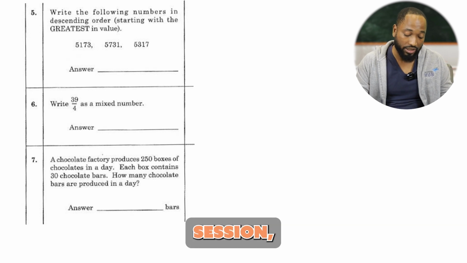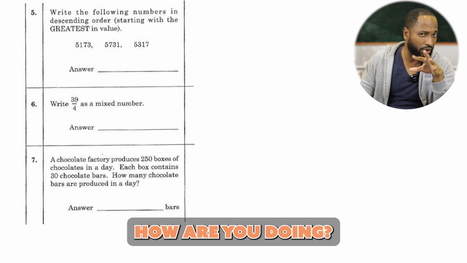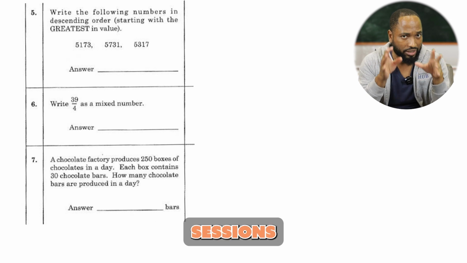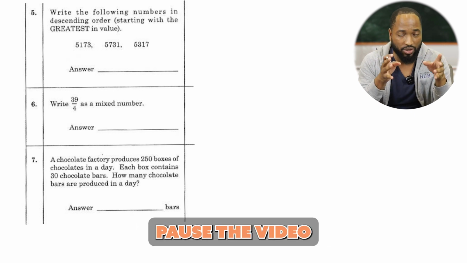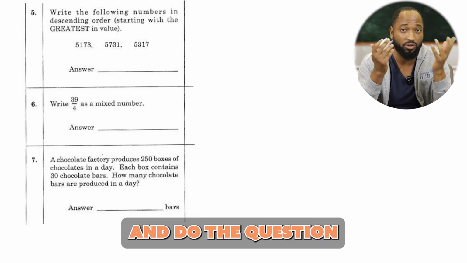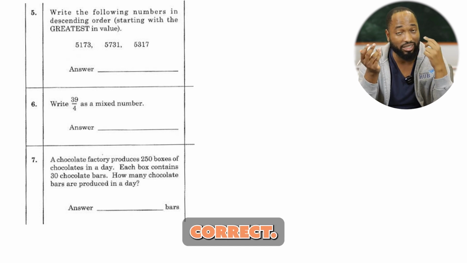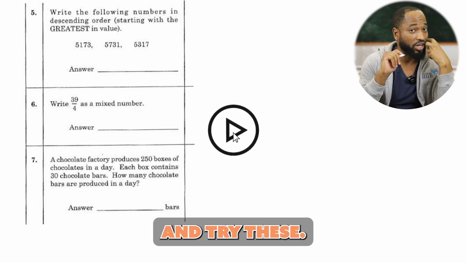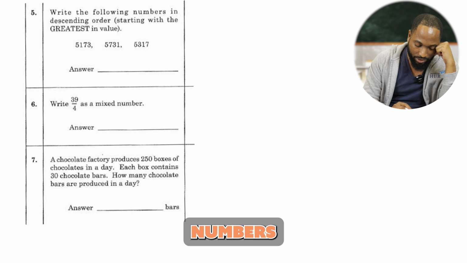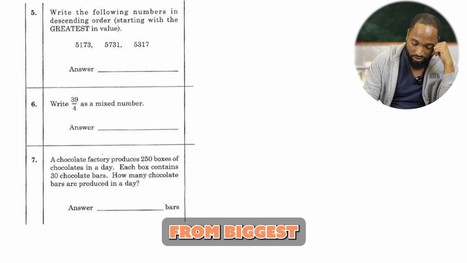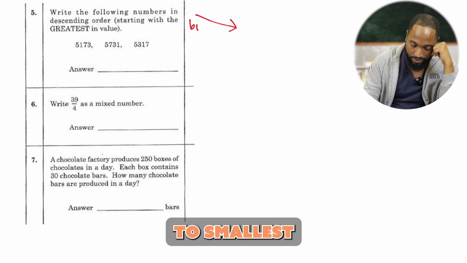All right, continuing with our revision session number 5. How are you doing? Remember with revision sessions, you're supposed to pause the video before I do the question and do the question for yourself and then see if you get it correct, right? So press pause and try these. Write the following numbers in descending order. Descending means from biggest to smallest.